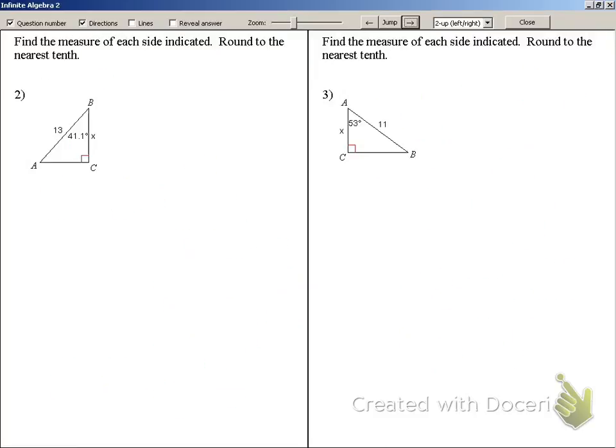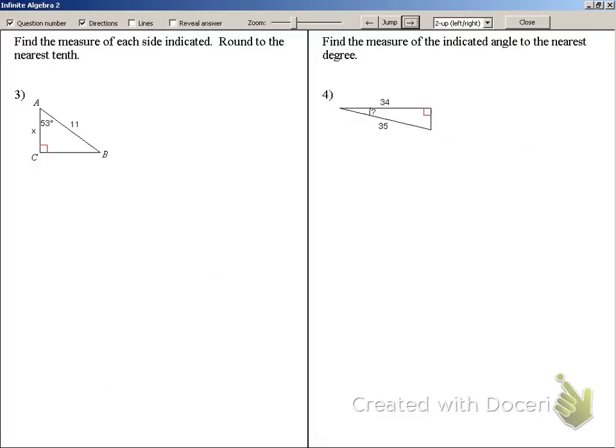Number 3 and number 4. Number 3, very similar to number 2, says find the measure of each side indicated, round to the nearest tenth. Once again, here's my angle. In relationship to my angle, here's the opposite, here's the adjacent, here's the hypotenuse. So once again, cosine of theta would equal adjacent over hypotenuse.